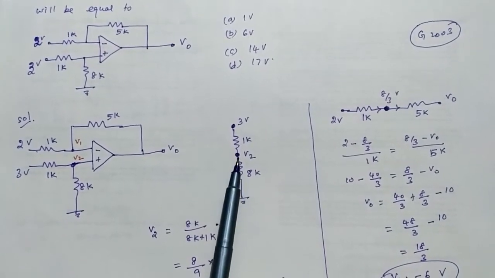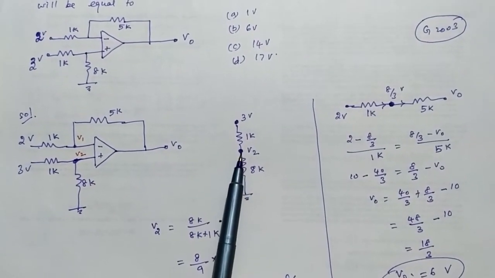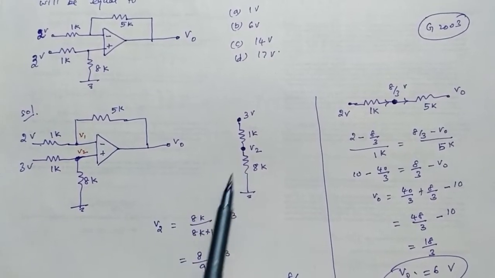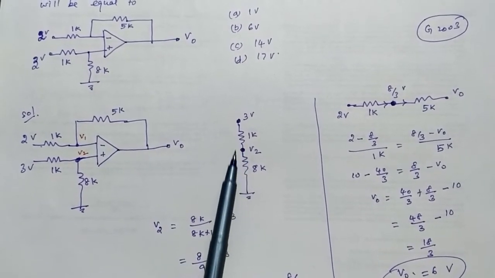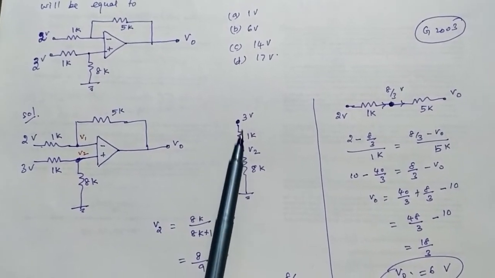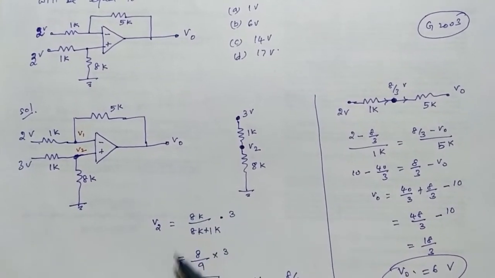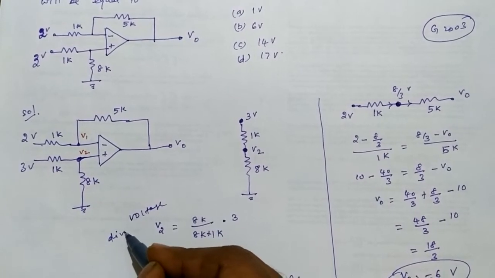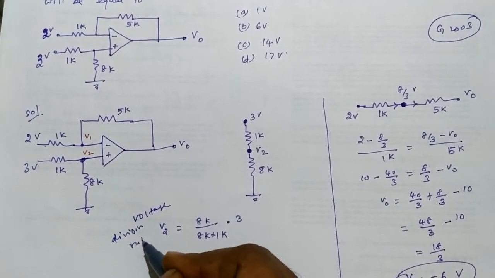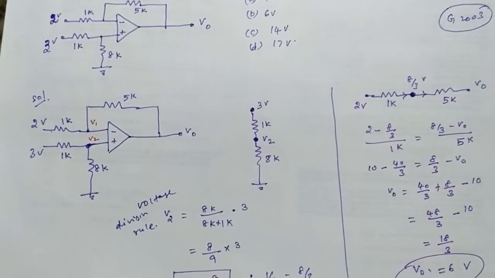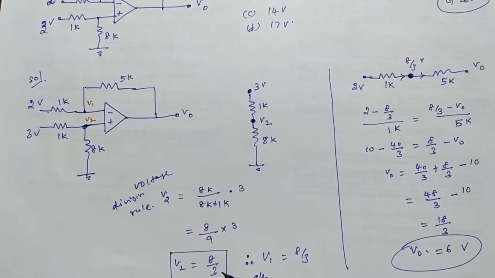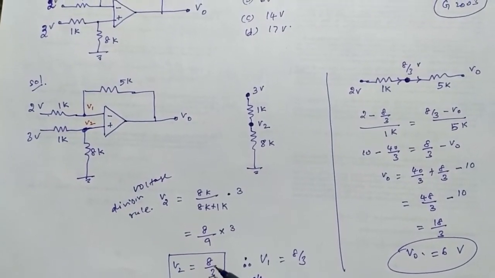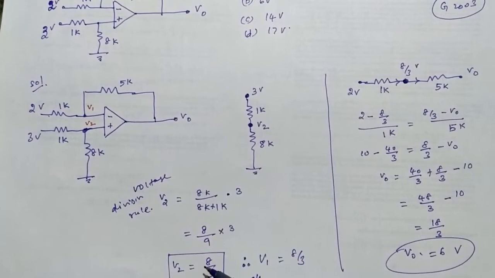Now we measure using the voltage division rule. V2 is 8 divided by total resistance times total voltage. Using the voltage division rule, we got V2 equal to 8 by 3.